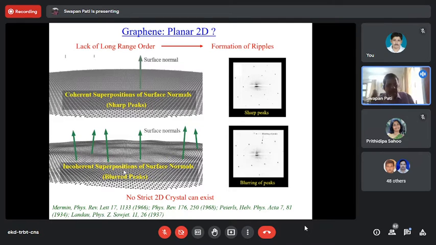So it is not a purely planar two-dimensional system. You get blurred peaks in the X-ray because of the incoherent superposition of surface normals. There are many surface normals you can draw through this kind of surface.